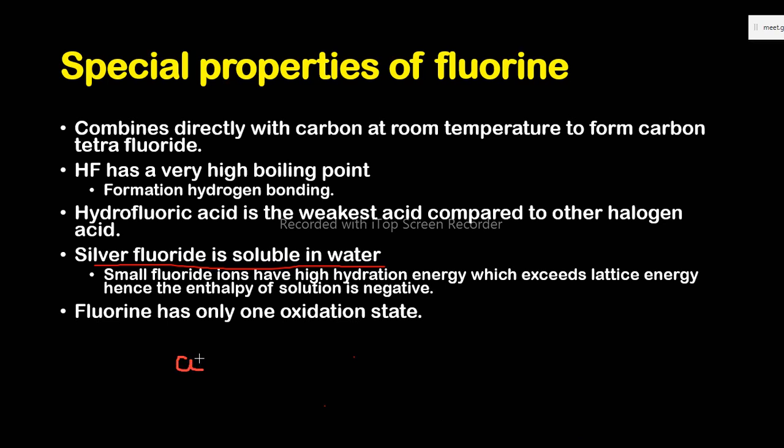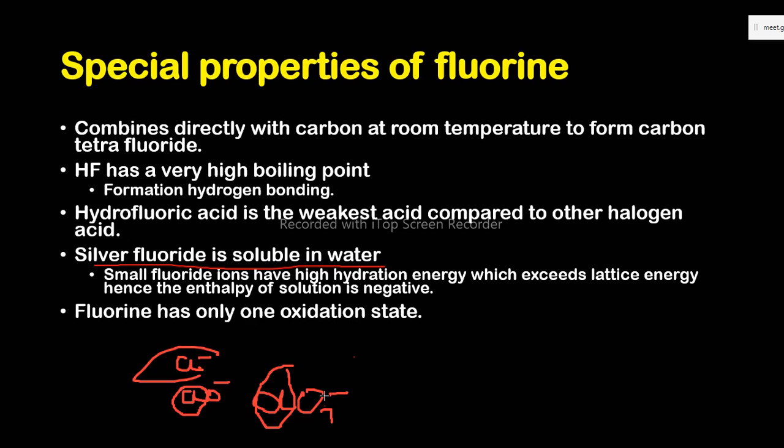You have this, and then you have this, and then you have this. These are chlorides in different oxidation states, where this one is in +6, this one is in +3, whereas this one is in the -1 oxidation state.